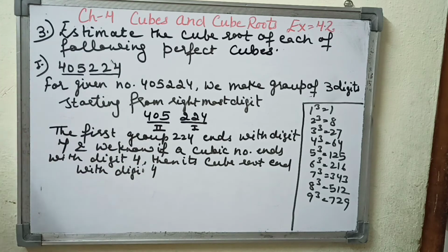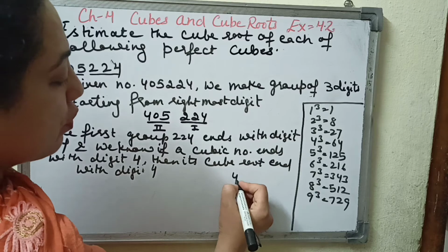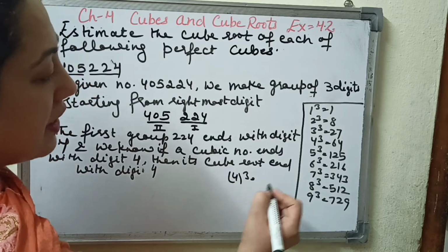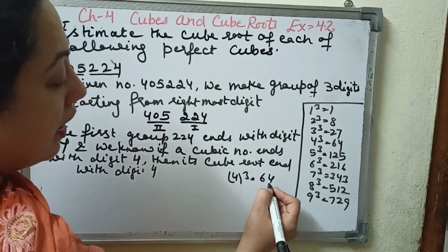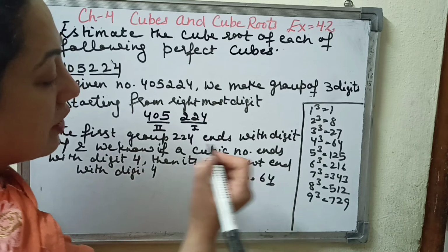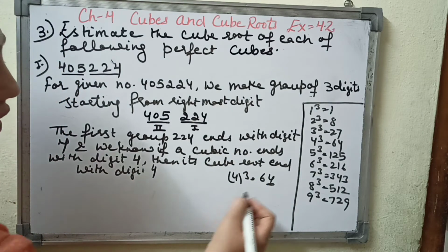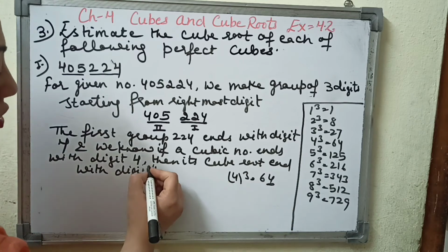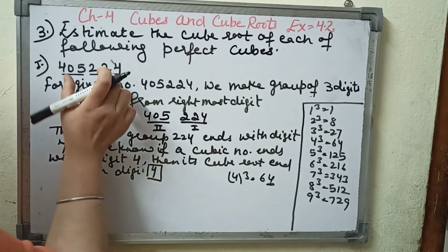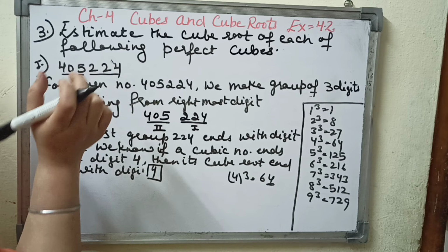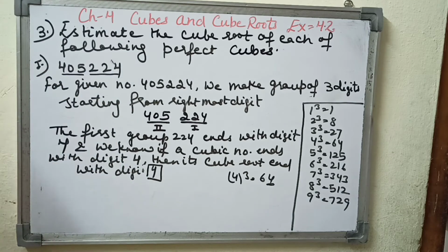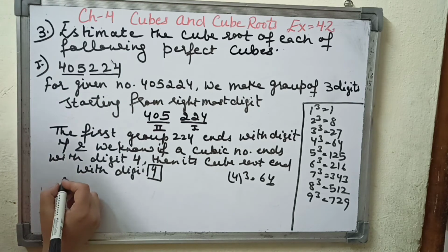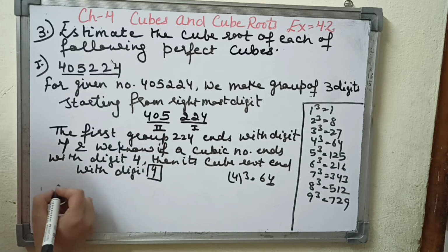Or you can simply say if I do the cube of 4, it is equal to 64. Cube root of 64 is equal to 4. It ends with digit 4. So the ones digit of its cube root is 4. Now, we take the second group, 405.